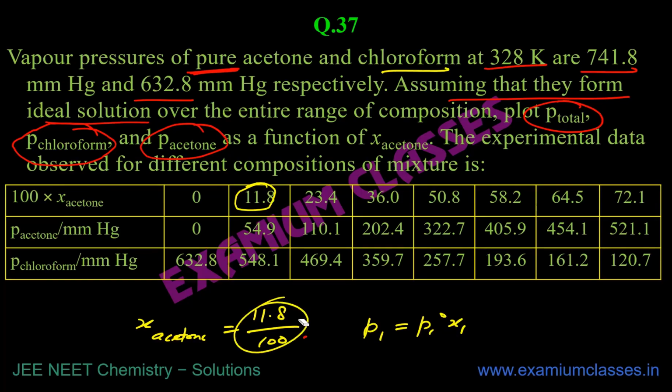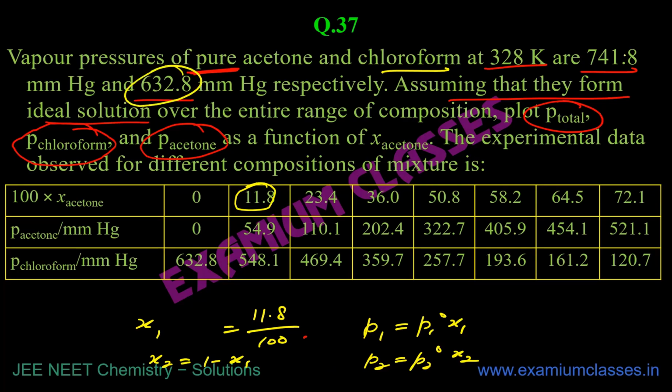For that, you will get P2 equals P2 naught X2. X2 you have calculated. X2 will be 1 minus X1, if I am taking X acetone as X1. X2 will be calculated and P2 naught is again given. All these pure values are given.